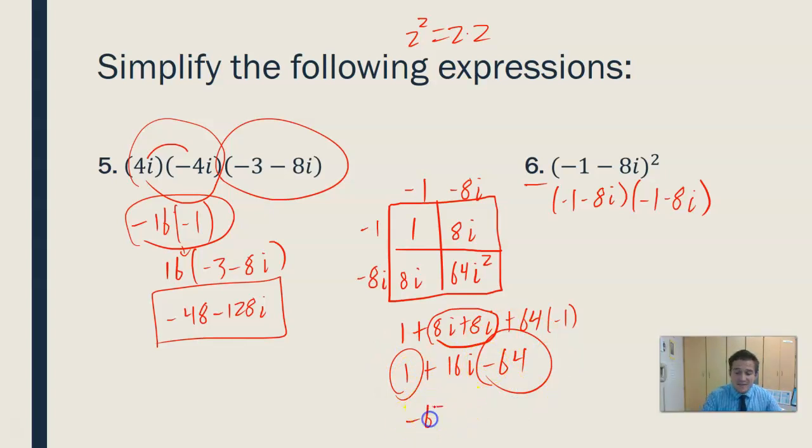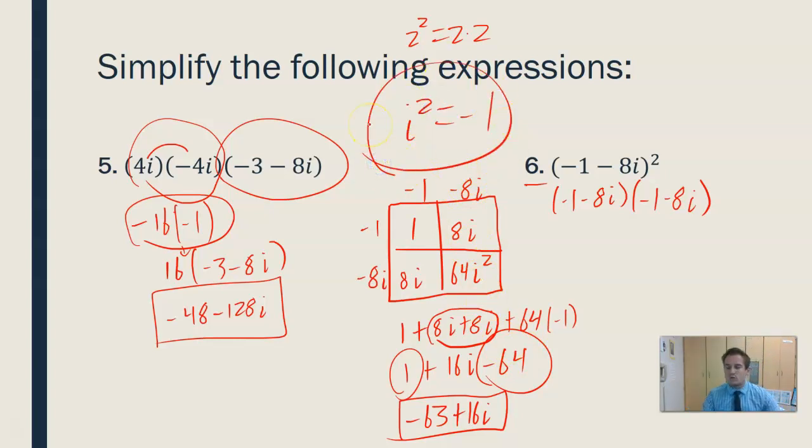I get negative 63 plus 16i, which is my final answer. So that's multiplying complex numbers. The big thing to remember is that i squared is equal to negative 1. Whenever you see an i squared, that really just means that I'm multiplying by negative 1.